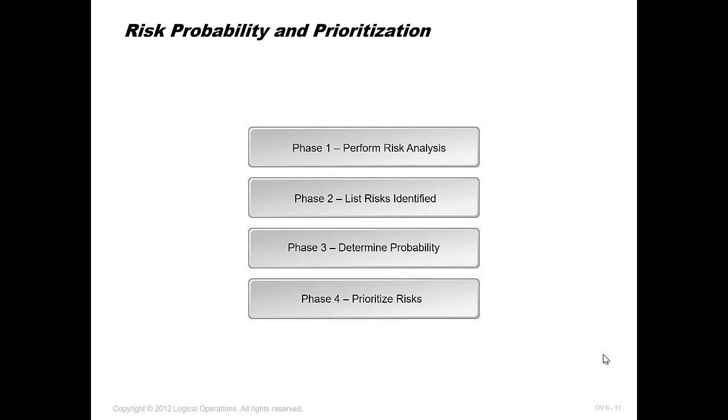So I cannot assign a countermeasure for each one of them. It will be endless, because sometimes you have thousands of risks, not just 100. So after identifying your risks, we need to determine the probability and put some priority on the risks. Some priority needs to be taken into consideration.